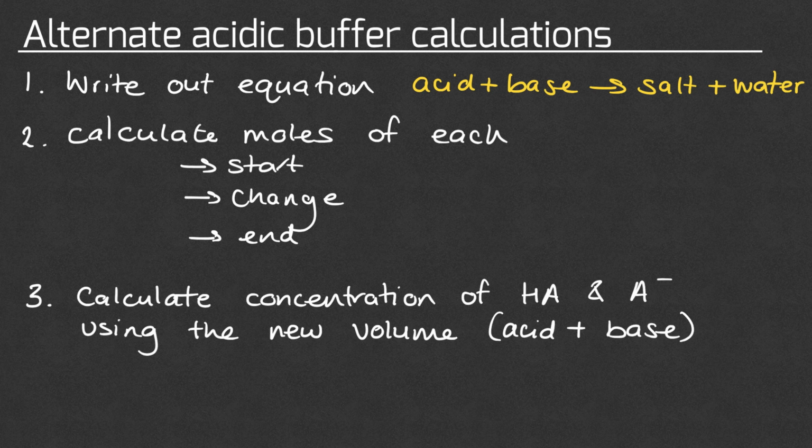Once you've got the moles of the acid and the salt, you can then calculate the concentration of the acid and the salt using your new volume, which will be the total volume, so it's the volume of the acid added to the volume of the base that you used. Then you'll just calculate the pH like you would do for a normal buffer, so like the example we looked at a few minutes ago.